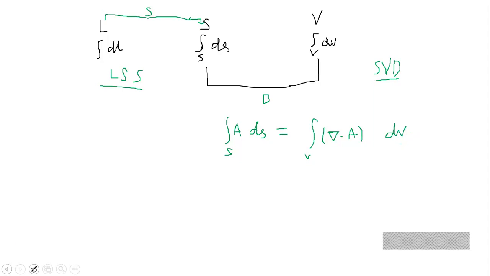For the line, the closed line integral of A dot dl is equal to the surface integral of del cross A dot ds. That's all. This is Stokes theorem and this is the divergence theorem.